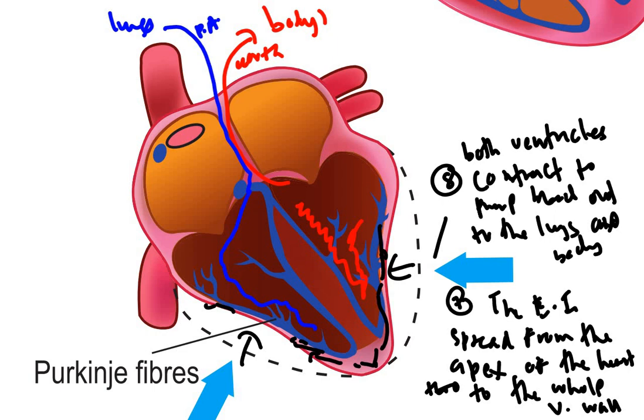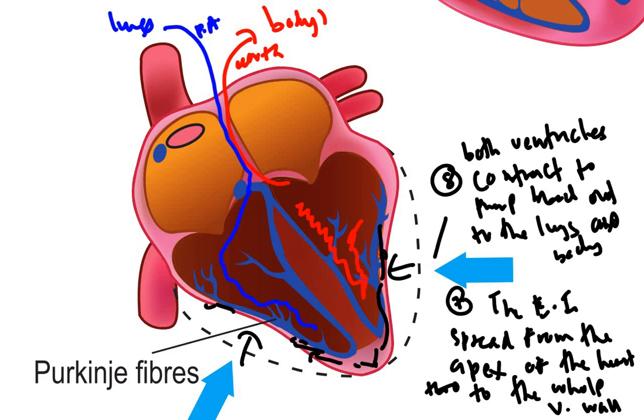It starts with the atria, by the impulse from the sinoatrial node, and then it goes to the atria. So the atria will contract. When the atria contract, it will pump the blood to the ventricles. Then at the same time, the impulse from the atrium will go to the atrioventricular node, or AV node, and then spread to the bundle of His and the Purkinje fibers to the apex of the heart.